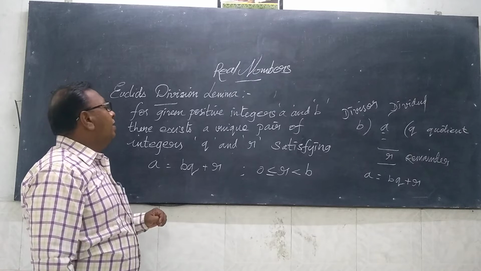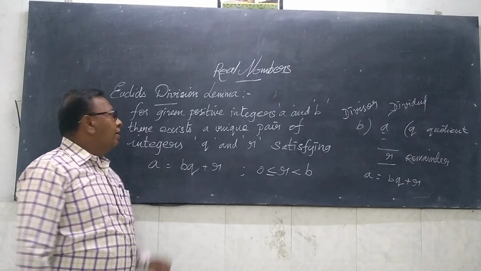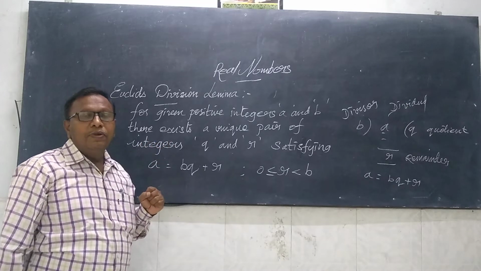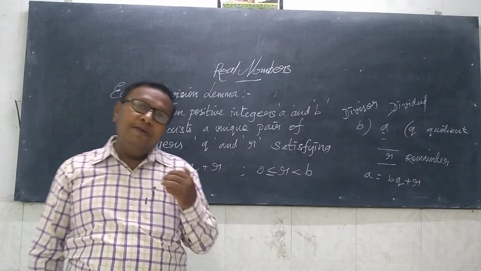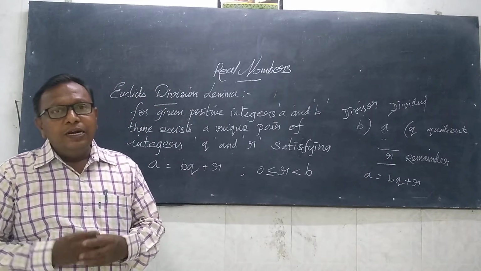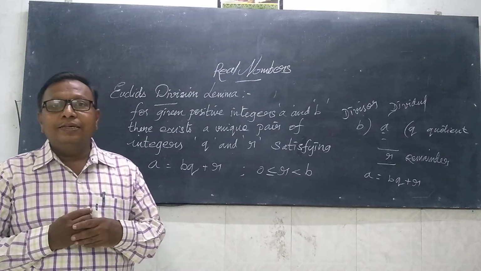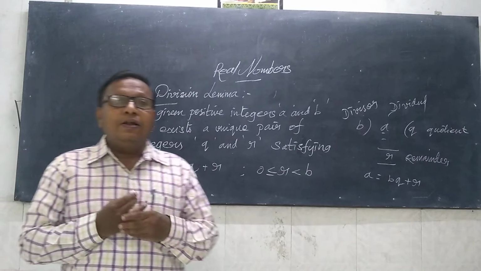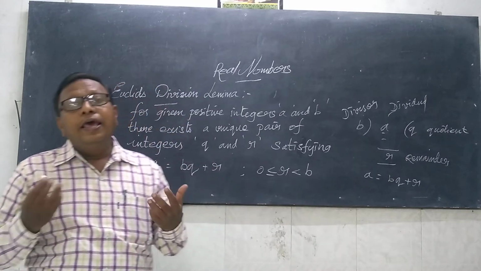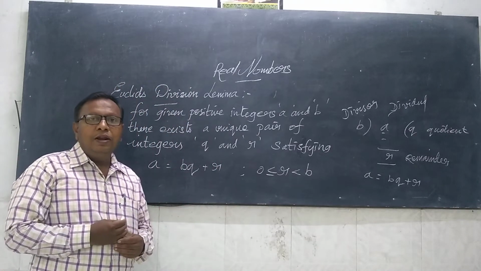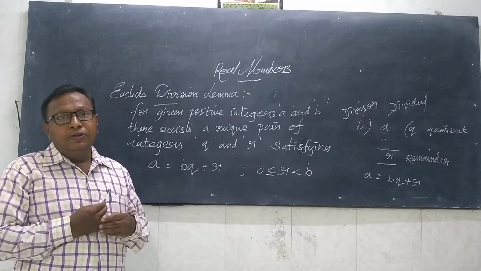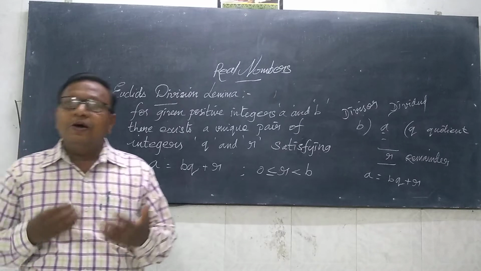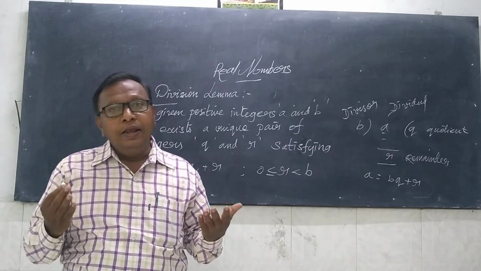Now here we have one more algorithm based upon Euclid's division, which we call Euclid's division algorithm. Euclid's division algorithm is a procedure to compute the HCF, highest common factor, of two given numbers.